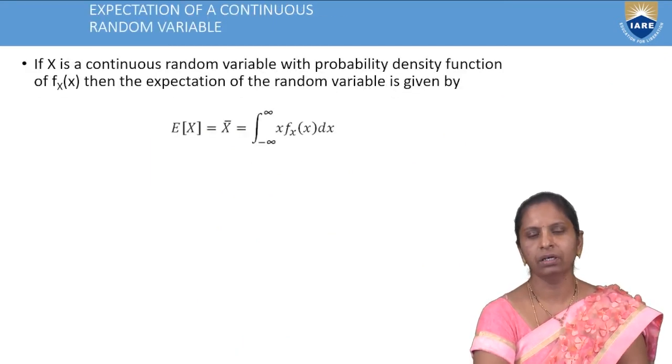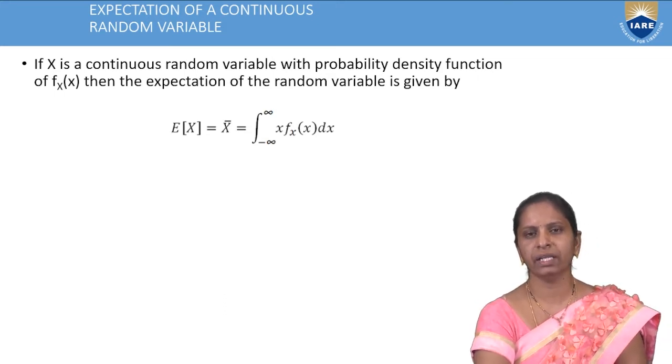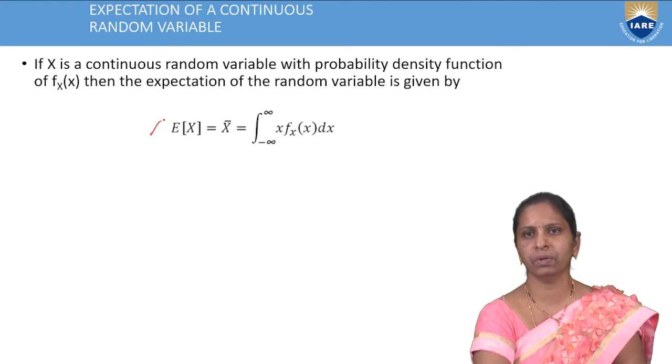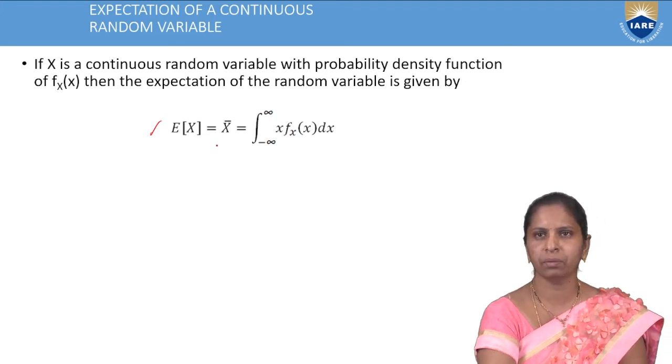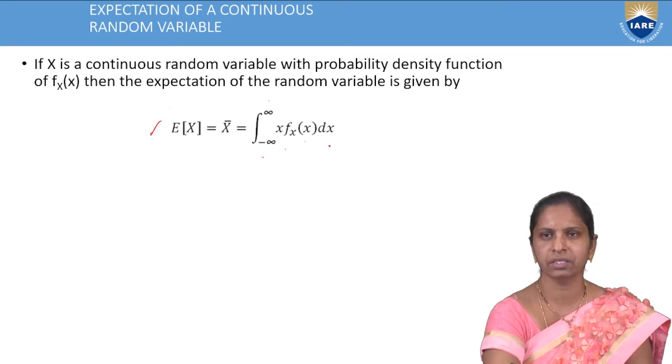And coming to the expectation of a continuous random variable. Now, if I define x as a continuous random variable, then how can I find the expectation of the continuous random variable? What is the formula? The expectation of x, represented by E of x or x bar, is equal to the integration from minus infinity to infinity of x into fx of x dx.